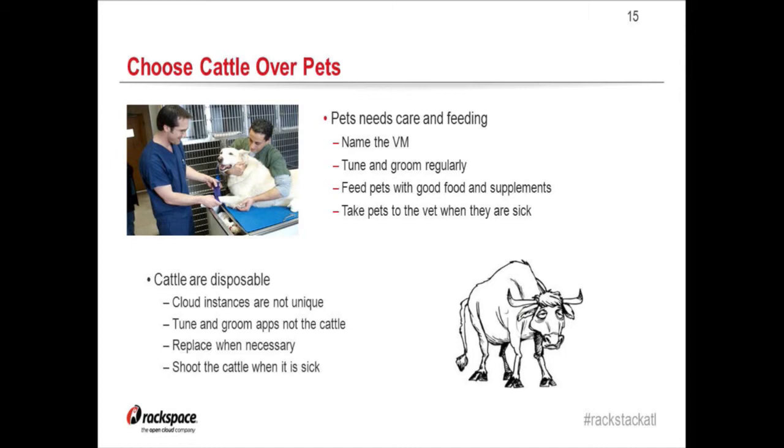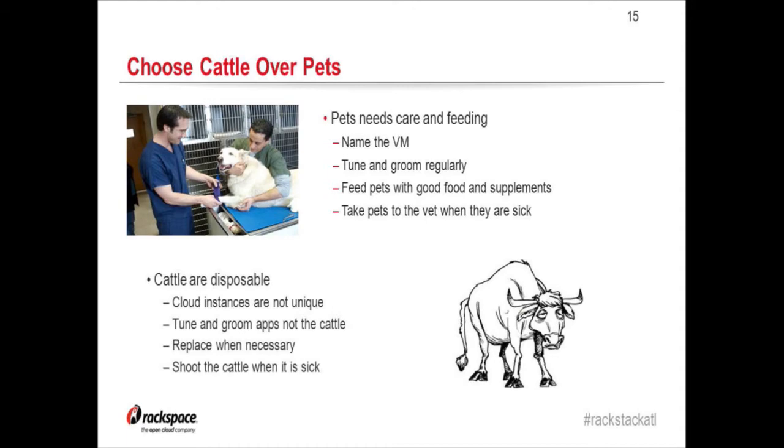When they have a problem, you spend hours calling support to try to fix them, because the applications all run on that server, or a couple of servers, and if those servers don't recover, then you have problems. But in the cloud world, you treat them like cattle, which basically means these are all disposable. When you have cloud instances that have problems, you don't spend a lot of time fixing them. You basically shoot them and recreate those instances somewhere else.